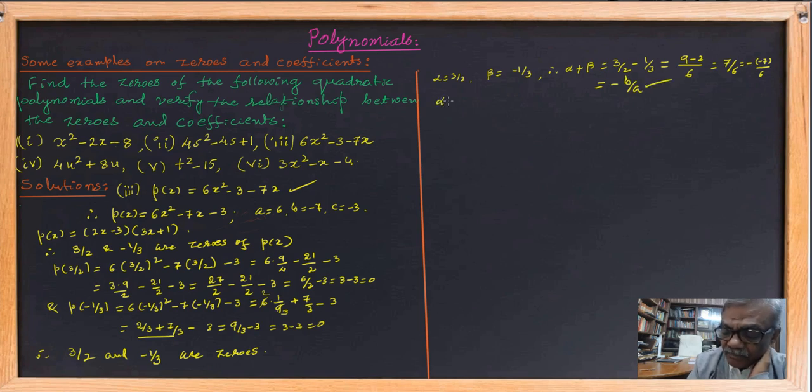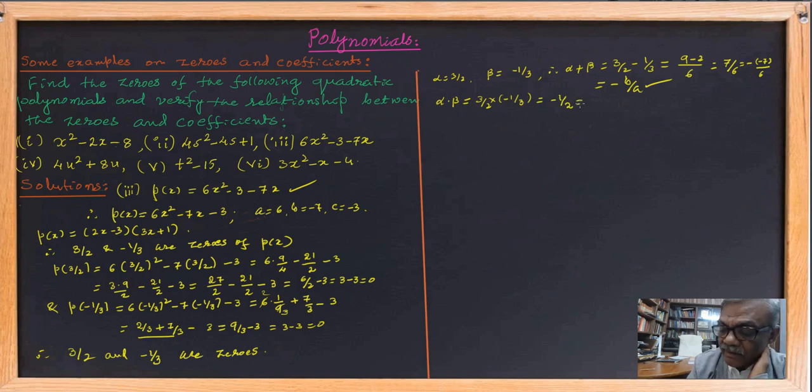And next, alpha into beta is equal to 3 by 2 into minus 1 by 3, that is going to be minus 1 by 2.